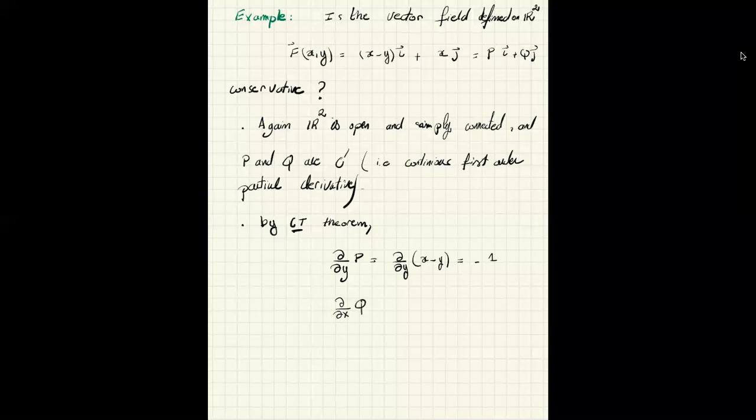Oh, I guess this is not a no, we're not gonna apply that theorem. Sorry, it's not the conservative test here. But it's good that I made this mistake.